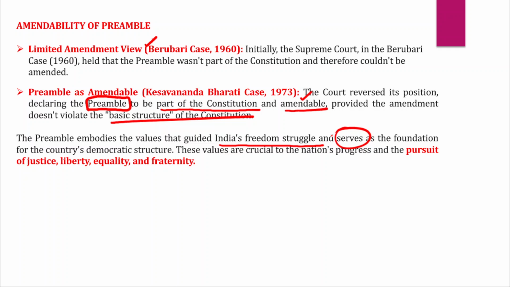Therefore, these values which are enshrined in the Indian Constitution are very important. They are fundamental for the nation's progress and the pursuit of justice, liberty, equality, and fraternity. Right? So this is how you could write a conclusion for any question asked about the amendability part of India's Constitution.